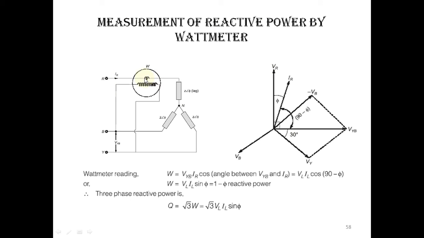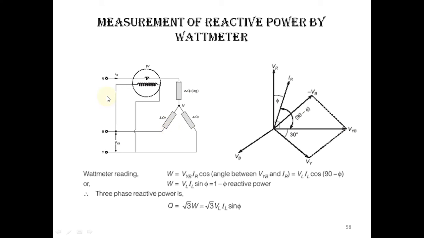Like here, the current coil is placed at phase R. And what is the second important point? The pressure coil is connected across the 2 other phases. Earlier, the current coil was connected in series with the line, and one end of the pressure coil was connected to that line, the other end to any other phase.